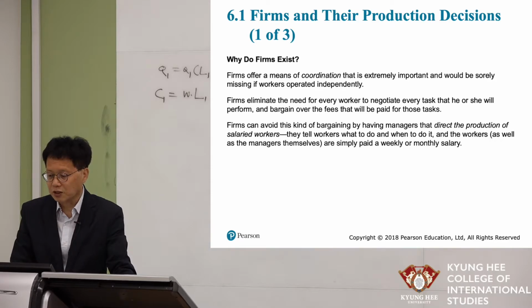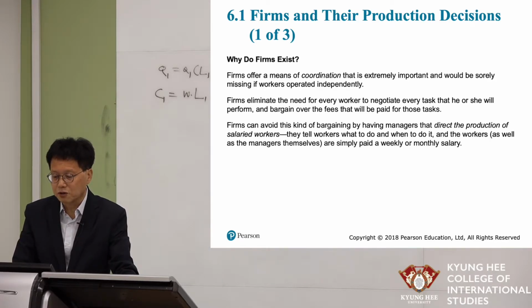Section 1, firms and their production decisions. Why do firms exist? Firms offer a means of coordination that is extremely important and would be sorely missing if workers operated independently. Firms eliminate the need for every worker to negotiate every task that he or she will perform and bargain over the fees that will be paid for those tasks.